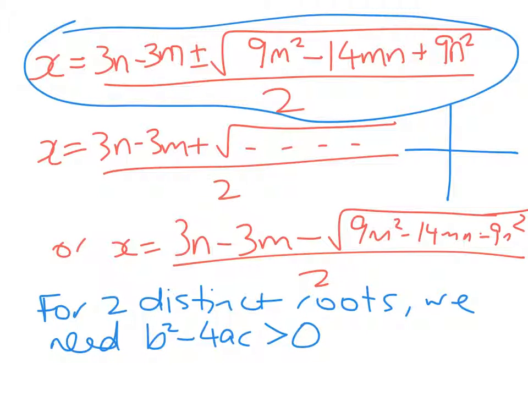Because that's what's going to give us two crossing points, two places where the value of the quadratic is 0. So we've just got to have this strictly greater than 0.